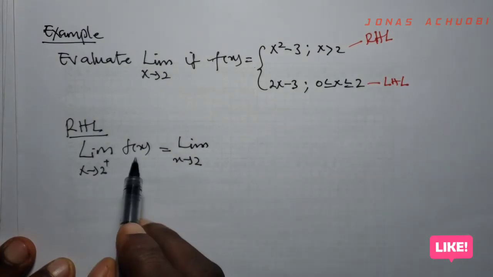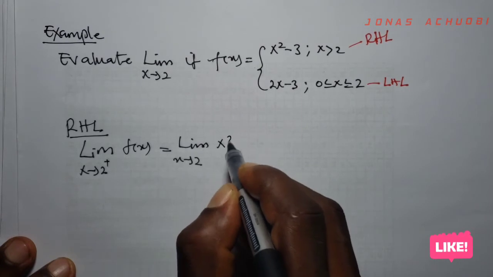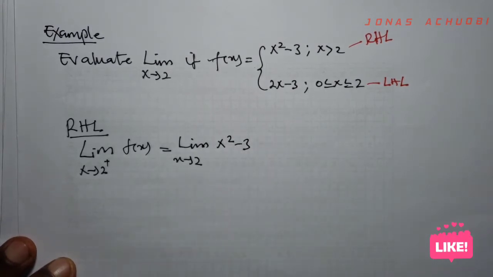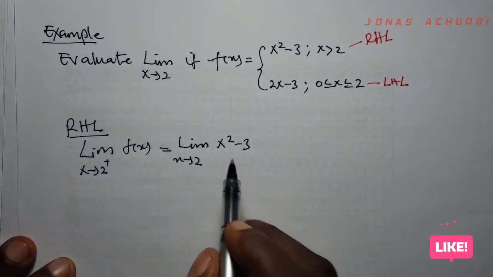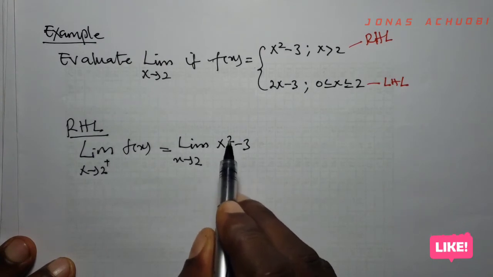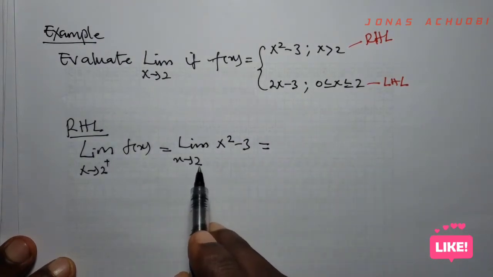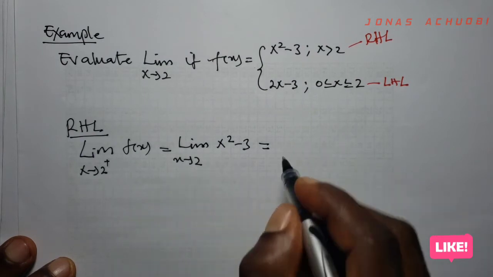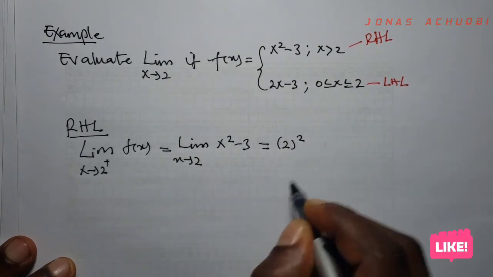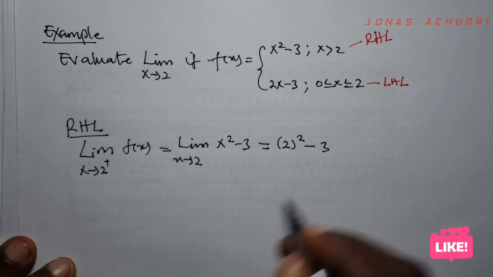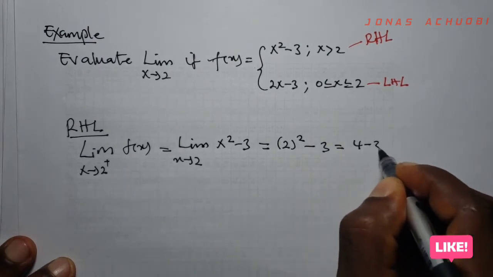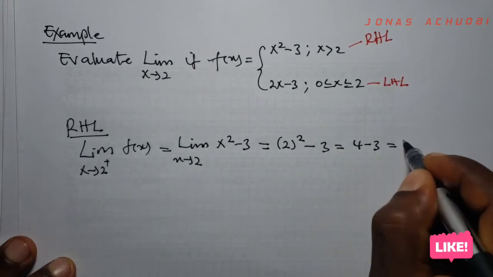The function f of x is defined as what? x squared minus 3. And this again is a polynomial function of degree 2. So to find the limit, we substitute the value 2 for x. So this becomes 2 squared minus 3. And that is 4 minus 3, which is equal to what? 1.